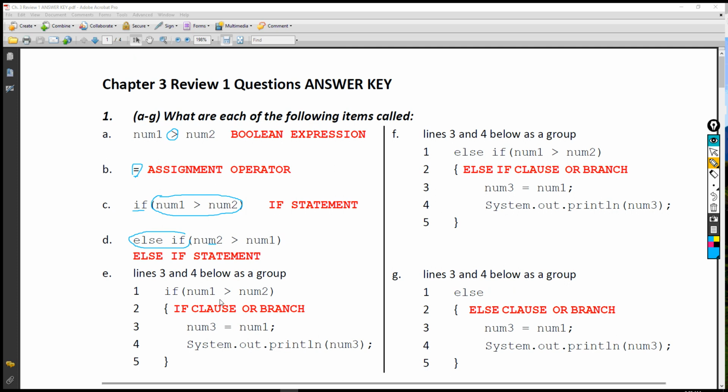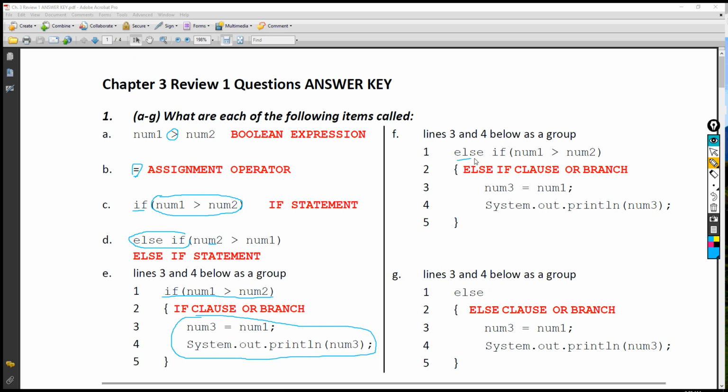Line 3 and 4. So you have your if statement, and if this is true, then the compiler is going to execute the clause. So this is called a clause. It's an if clause because it's below an if statement. Makes sense? So the book might call it a branch, an if branch.